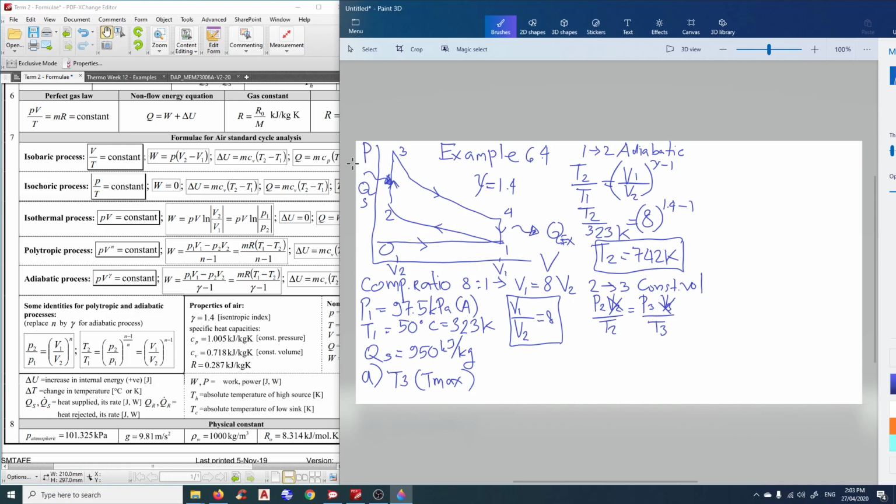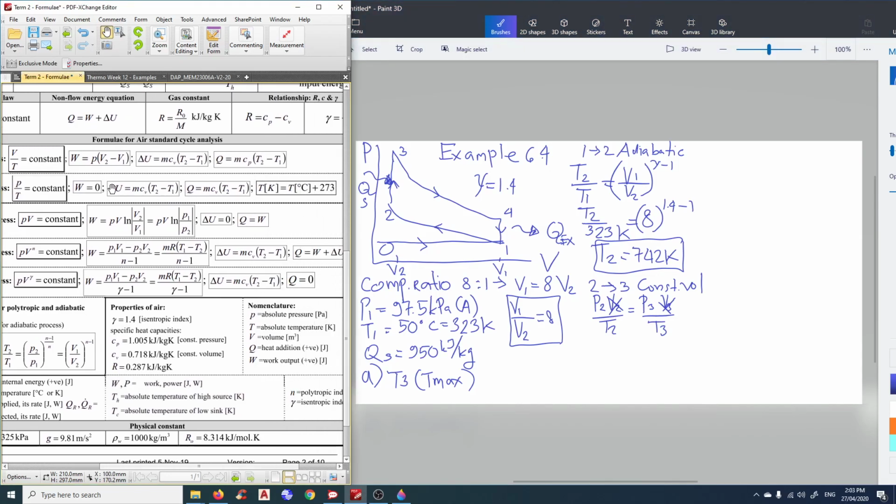So let's have a look at the formula for isochoric. Maybe we can use the heat transfer formula because the heat is being given. The heat coming into the system is 950 kilojoule per kilogram. Mass of air we can assume is a kilogram. We know the Cv of air, T3, which is what we're after, minus T2.